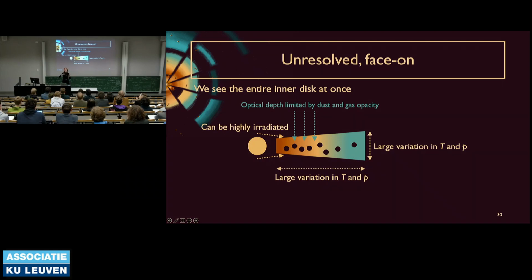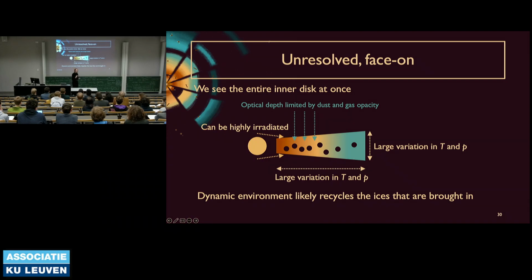So it could be that it's even denser than what you're able to see, but you can't always trace this. Furthermore, because this environment is so dynamic, there's a lot of irradiation and higher temperatures. Whatever ices come in from the outer disk and then sublimate into gas, a lot of this is immediately recycled because of the high temperatures and molecules being destroyed. The chemistry kind of resets itself.